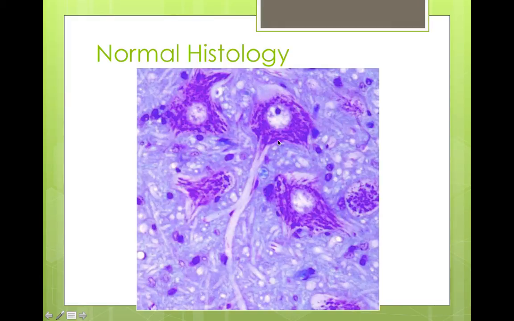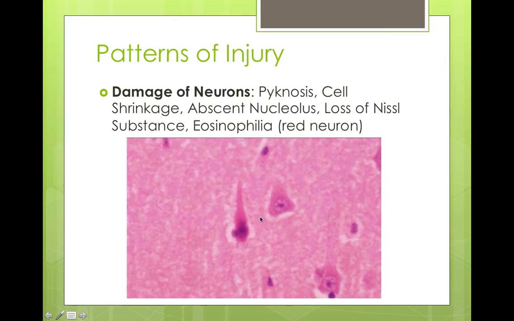Look at that, it's not pink. It's light and dark purplish, right? And in here it's too pinky, super pinky. So it's sometimes called a red neuron. When you see the words red neuron in a test or somewhere, you should know they're usually talking about damaged neurons.